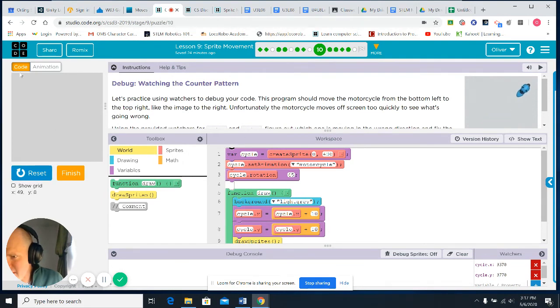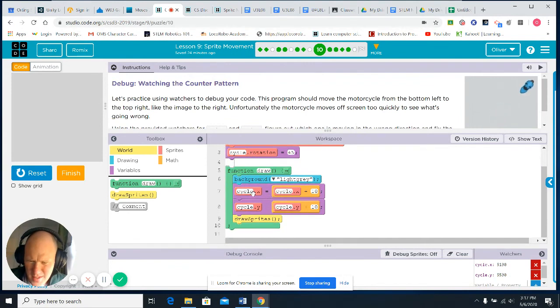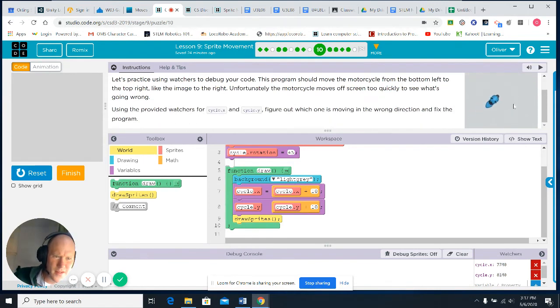Look underneath show grid. X and Y are getting larger and larger. That's because the code says cycle.x gets the value of cycle.x plus 10, and cycle.y gets the value of cycle.y plus 10. How do we make it move the way it shows in the example?